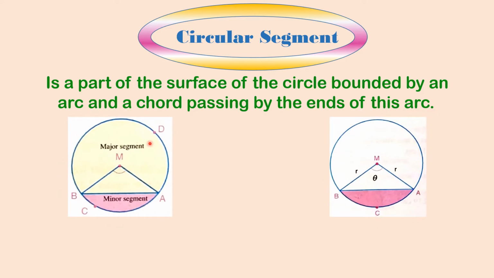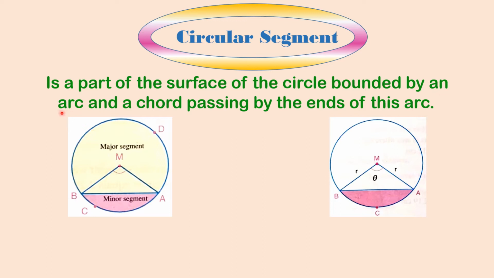For example, circle M and AB is a chord in the circle as we see. This pink or red part is called the minor segment, and this yellow part is called the major segment. The circular segment is bounded by what?